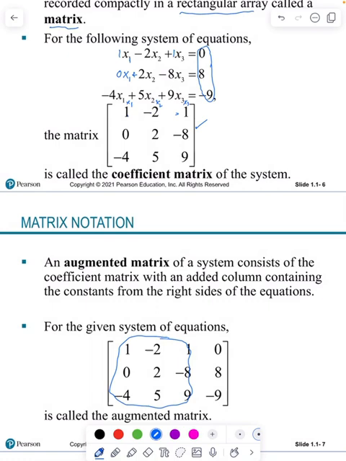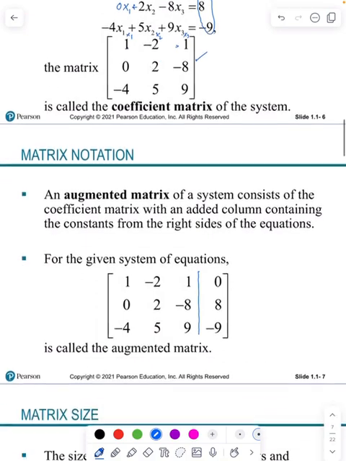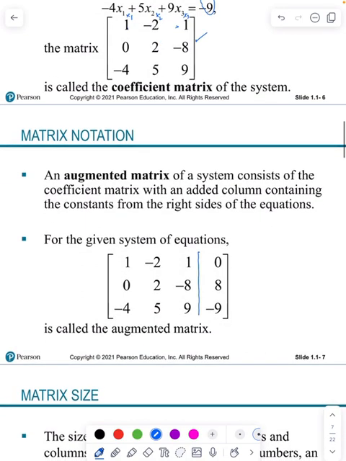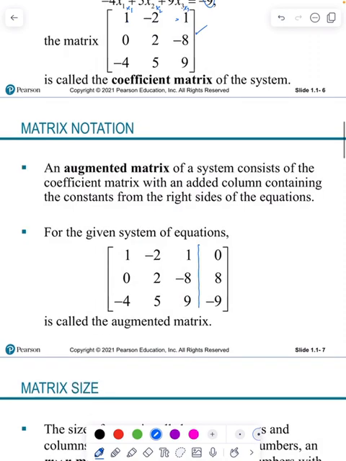When we do the problems, we will do that. In the book they haven't done it, but it becomes a little bit confusing, so for us we will put a line over here, just to separate the coefficient matrix from the column we got from the right side. This is called the augmented matrix.